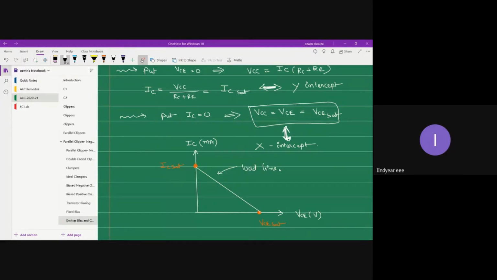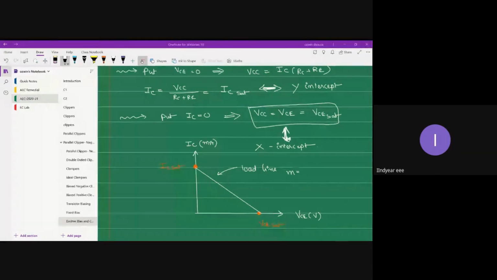Now, one quick question. Tell me the slope of this load line. You don't have to solve; by inspection you can say. The slope is always the reciprocal of the output resistance.